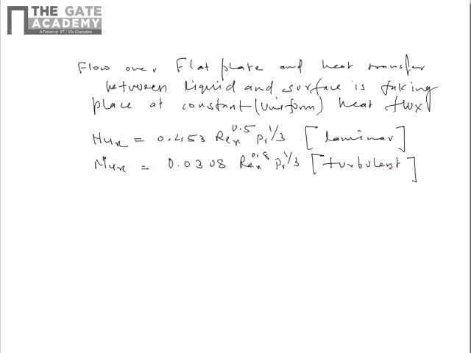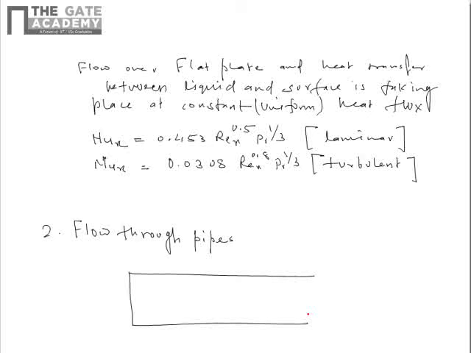Now consider the flow through pipes. If a fluid is flowing through a pipe, in this situation the flow is said to be laminar if Reynolds number is less than 2300.